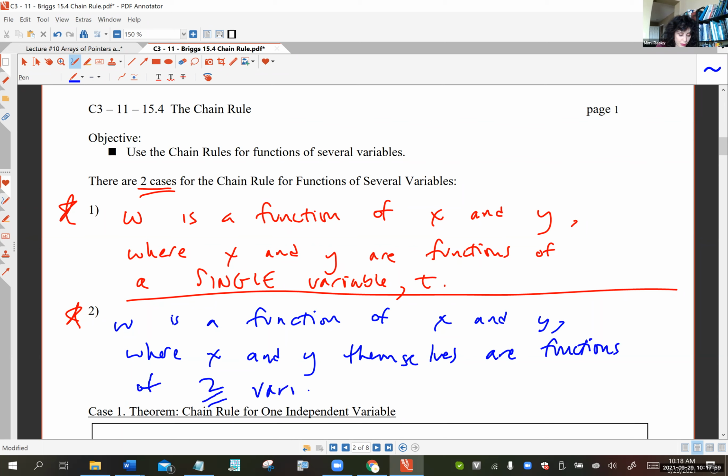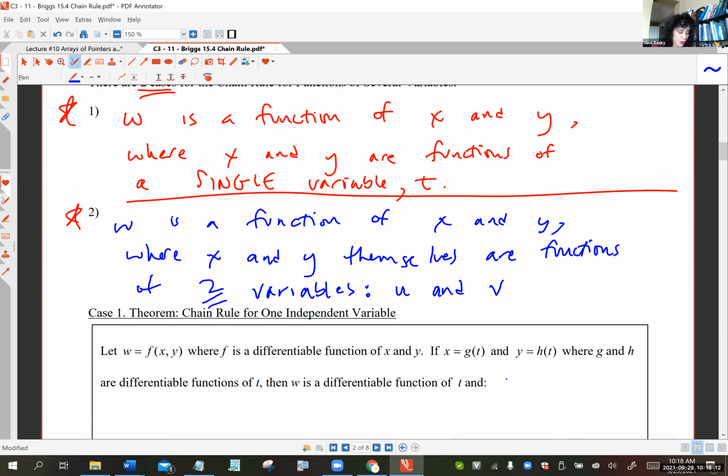Maybe even more, but we'll keep it easy for now. And let's name those variables with some letters, say u and v. So let's do the first one, case 1, where you have a function of a single variable driving the bus.